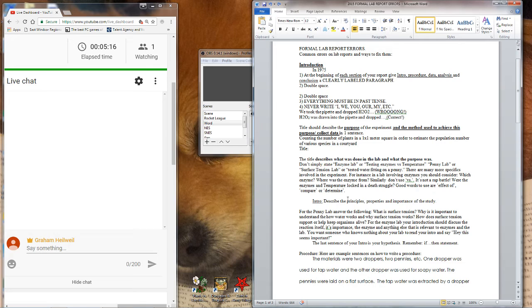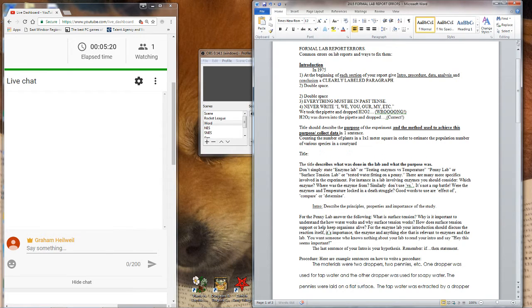If you guys remember, we had a lab where we had multiple items: spoon, tweezers, clothespin, and what was the last one? Chopsticks.